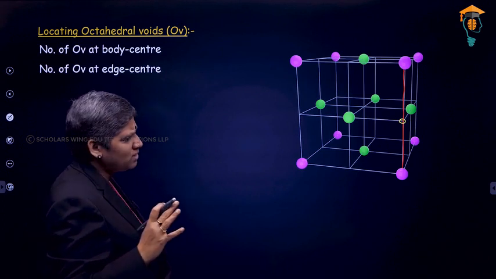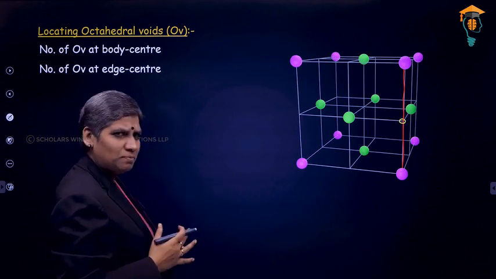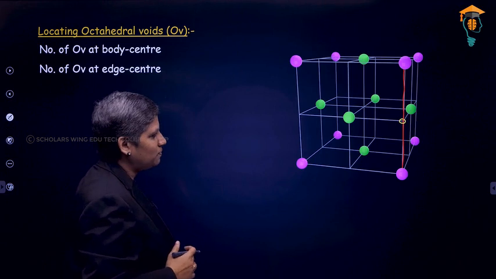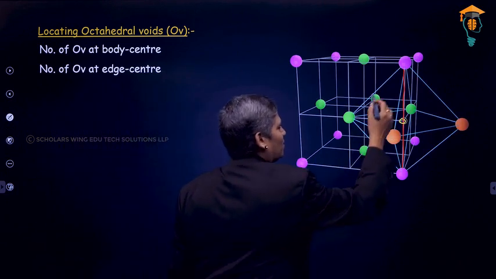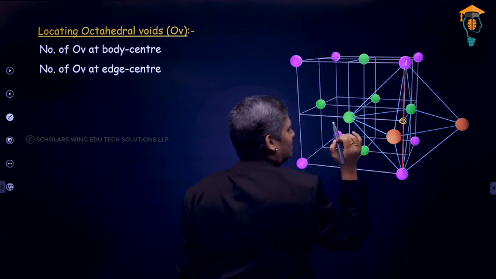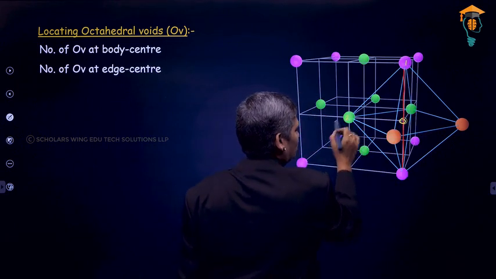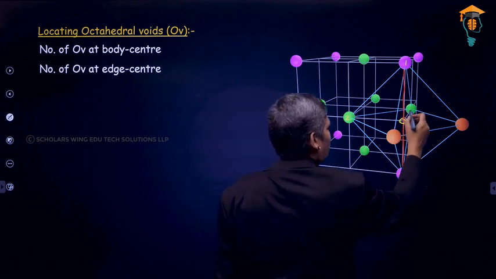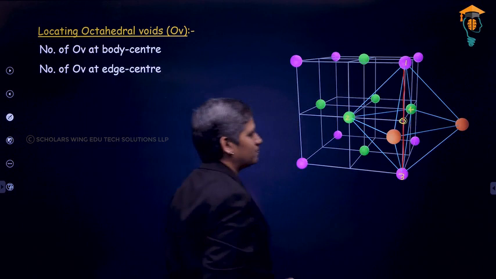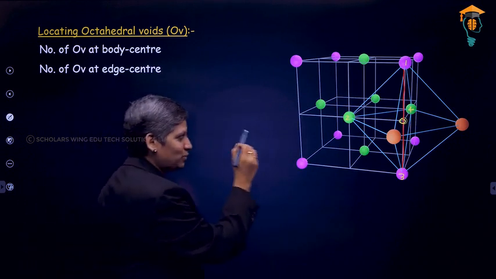Do you think all the 6 spheres belong to the same unit cell? No. Just take a look. Can you see? 1, right? 2, 3, and 4, right, belong to this unit cell.